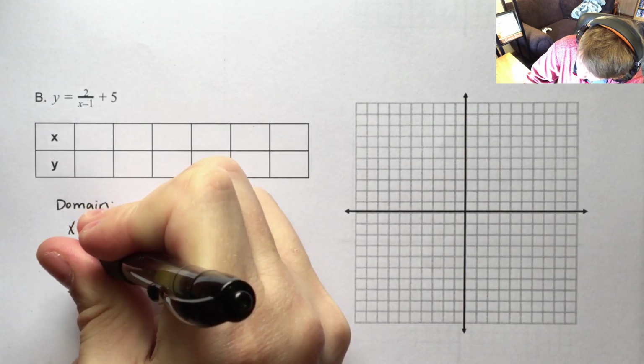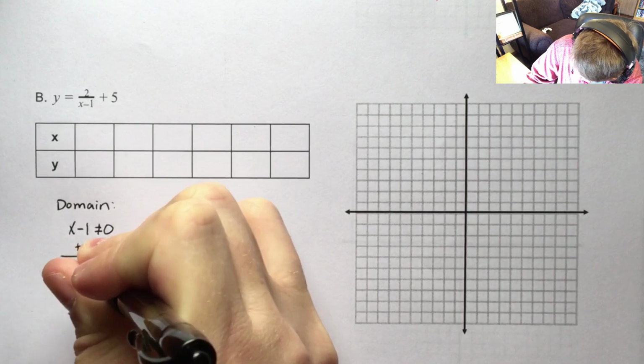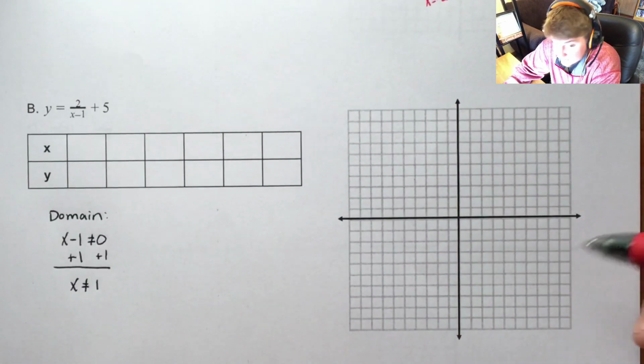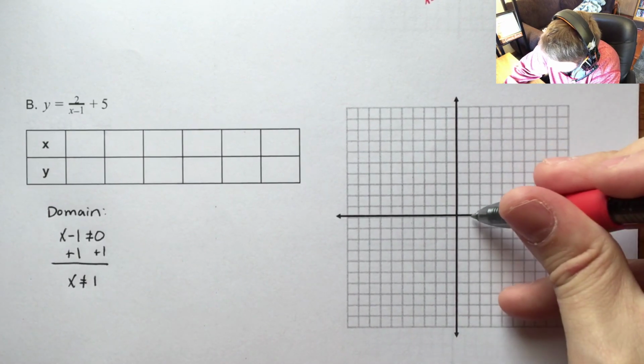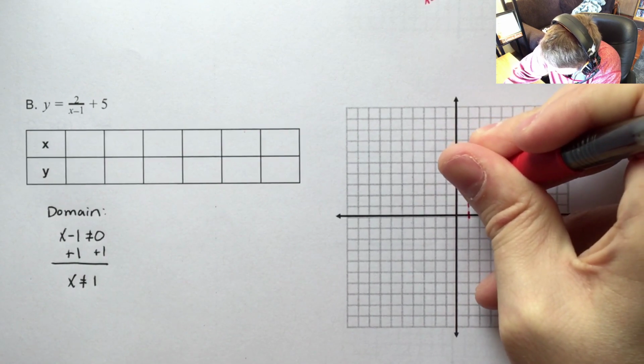Therefore, when I add 1 to each side, x cannot be equal to 1. Okay, so there's my first asymptote. It's that x is equal to positive 1. So let's find positive 1. It's right here. All right.